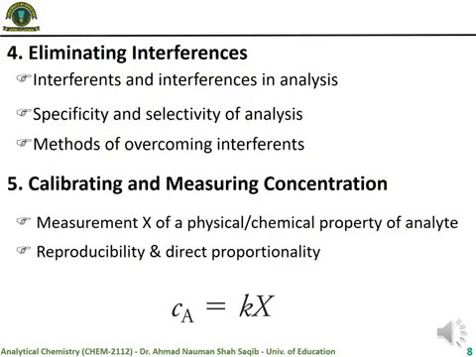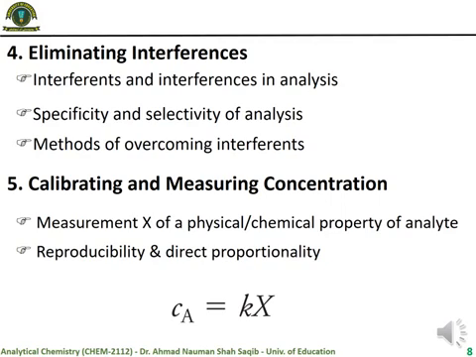We should know that the direct proportionality between an analyte and the property which we are using for the analysis is really important. Another very important thing is the reproducibility of that proportionality and the result.